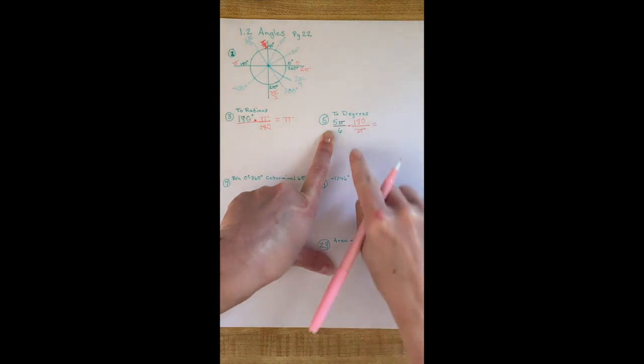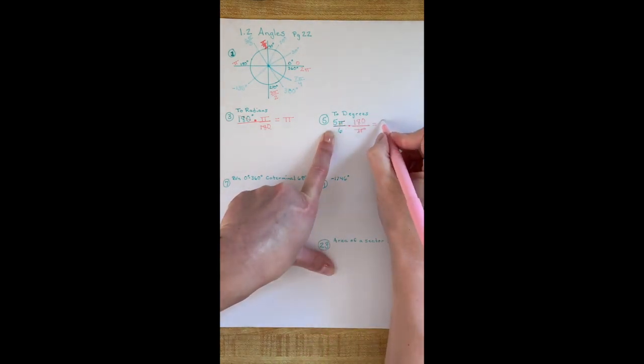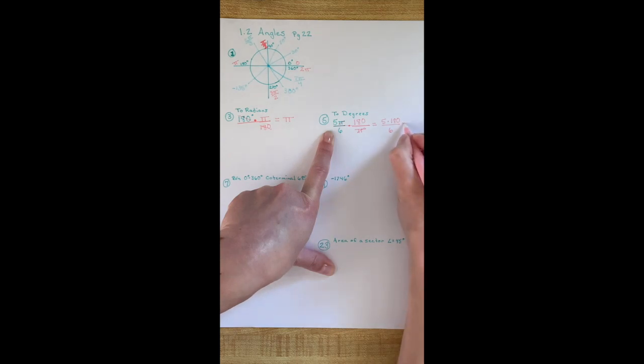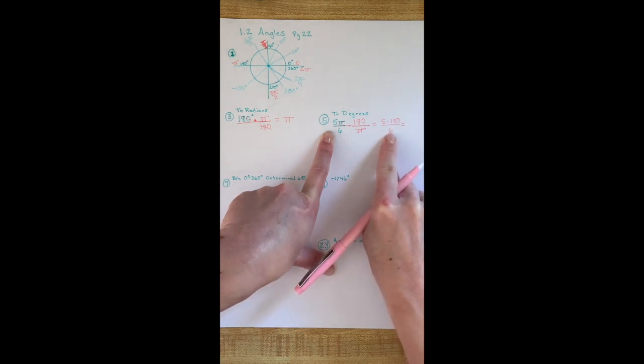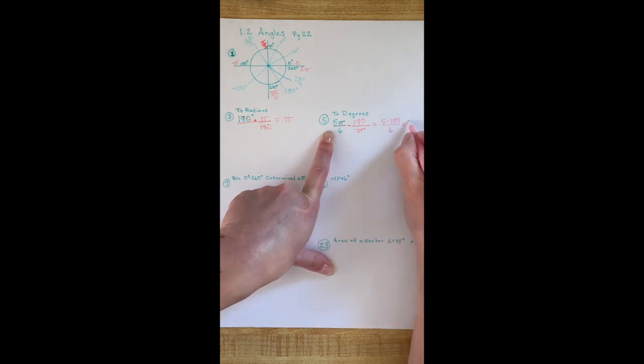So we've got 5 times 180 over 6 left. And really you can just type that into your calculator or simplify it in your head. And for this one, 180 over 6 is 30, and 30 times 5 is 150.